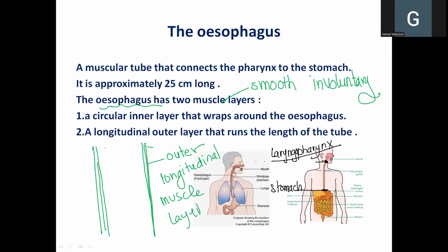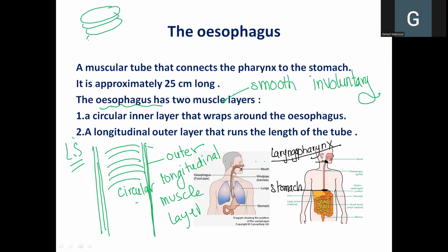And then if we cut a longitudinal section of the esophagus to see what's inside, we will find an inner layer where the muscles are circular. So we have an inner circular layer. If you see the whole thing, circular will be like this, like rings, one above the other.